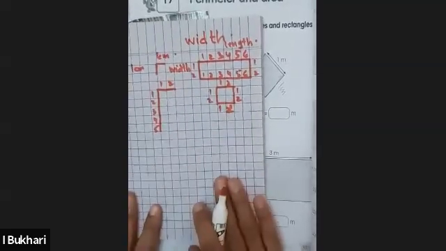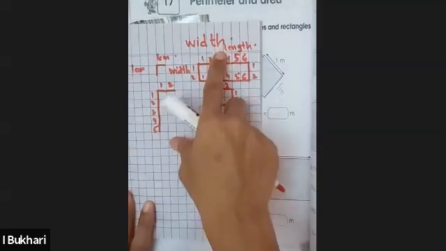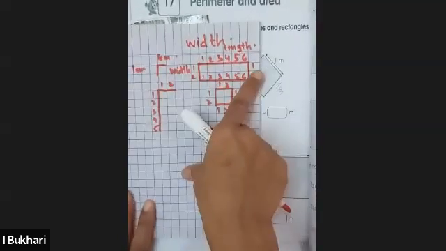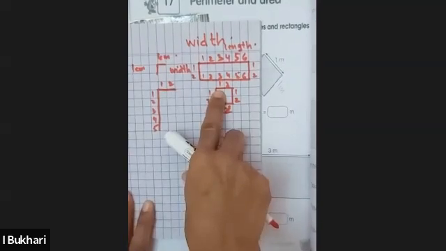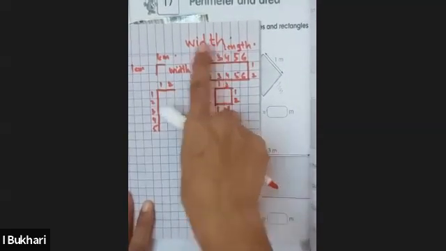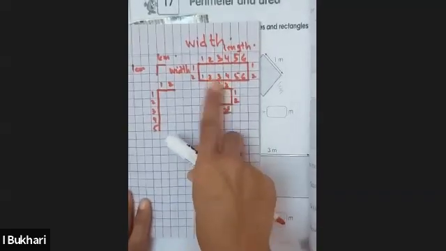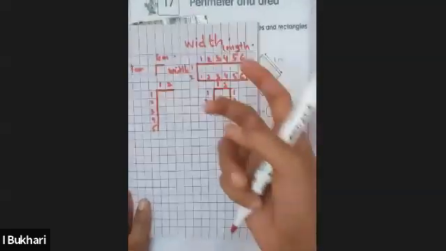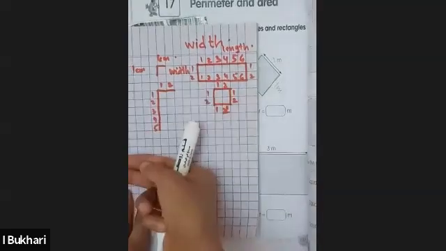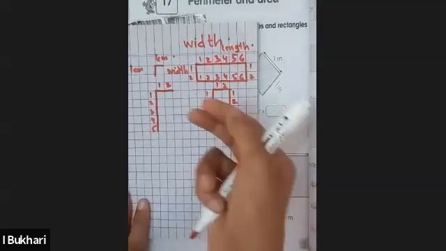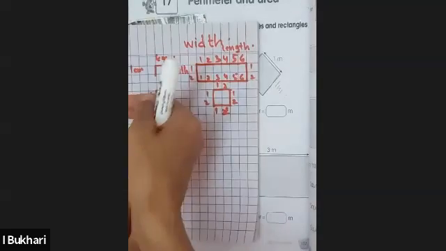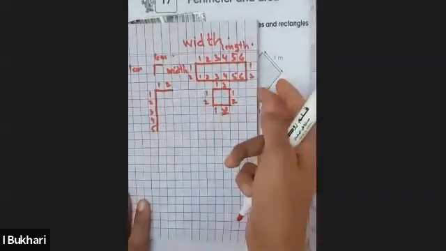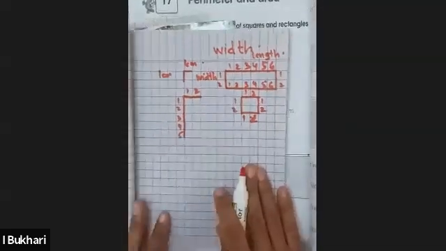A rectangle is a figure which has 2 pairs of sides in which the opposite sides are equal to each other. One pair is longer, the other pair is shorter, but the opposite sides are equal to each other. I hope you got my point, okay?